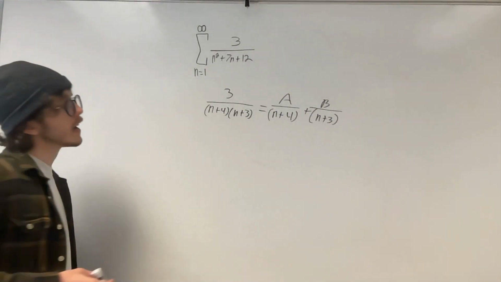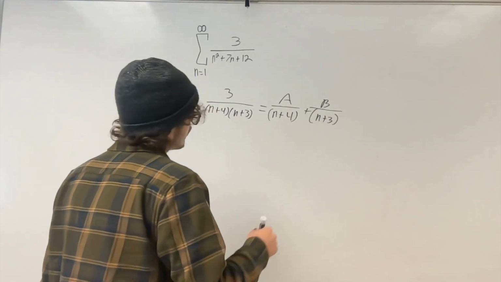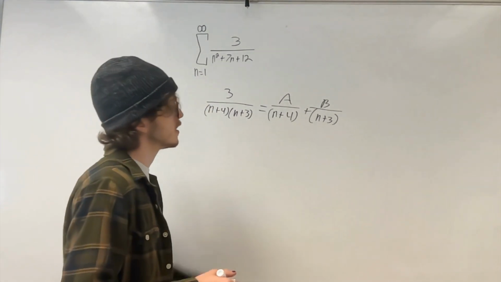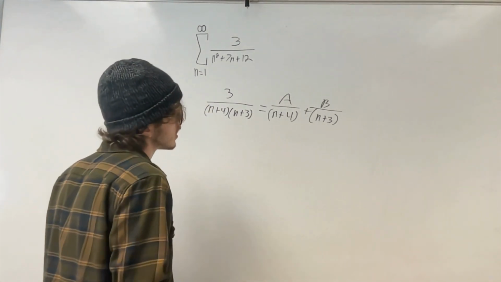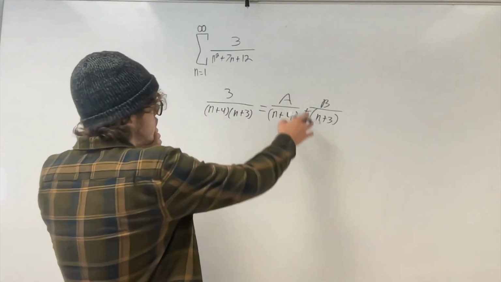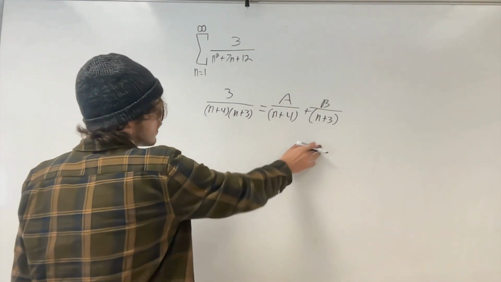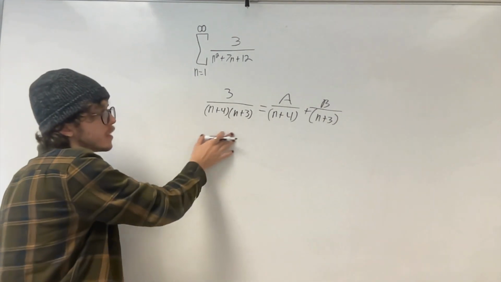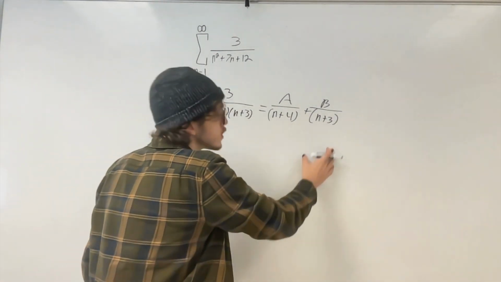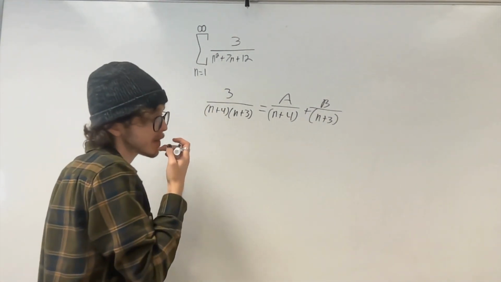So what we can do next is get like terms in the denominator, and to do this we are just going to multiply this one by (n plus 3) because we want to get a common denominator among all of our terms that are separated from each other.